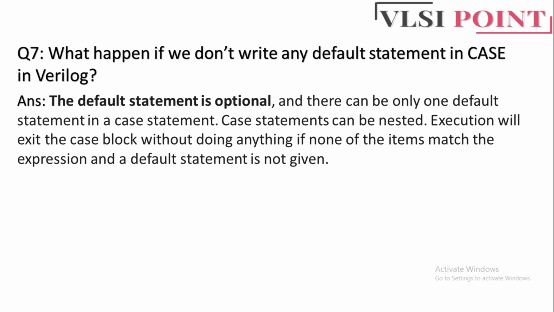If you don't write a default statement in a case statement, then when the value of the variable or expression doesn't match any of the cases, the code will simply continue executing the next sequential statement in the program. That means it will not enter into the case statement because it is not matching any given condition. So the execution will exit the case block without doing anything.